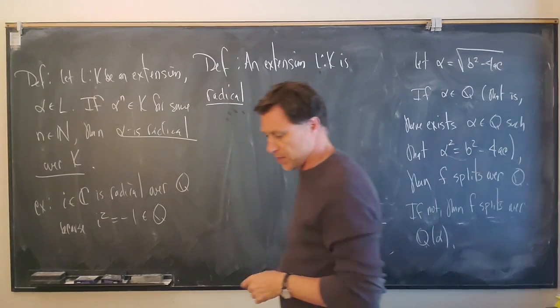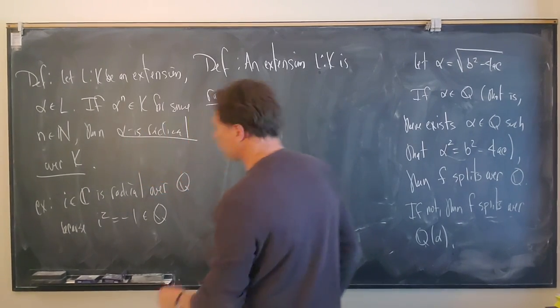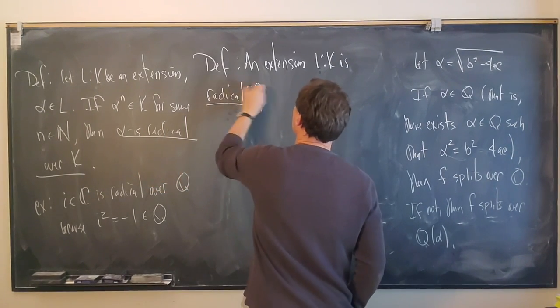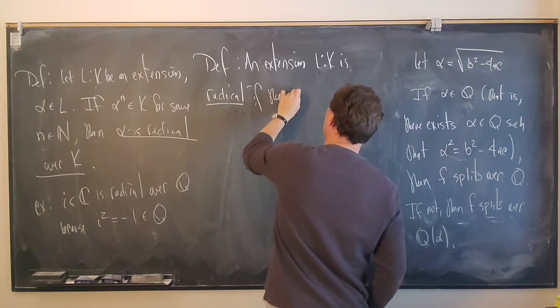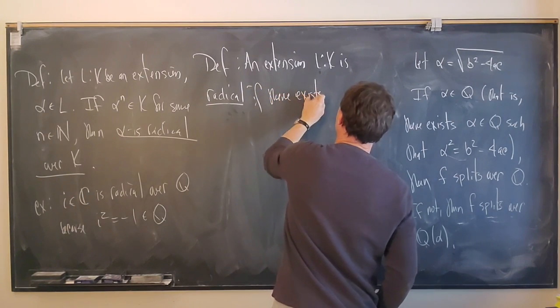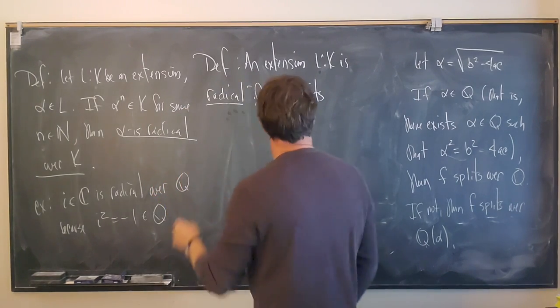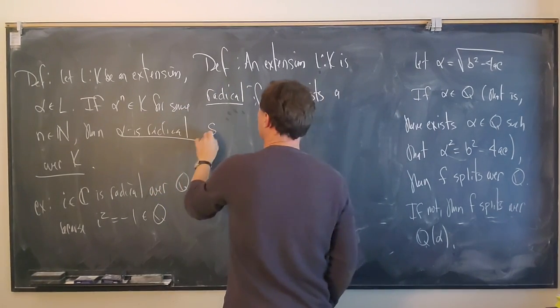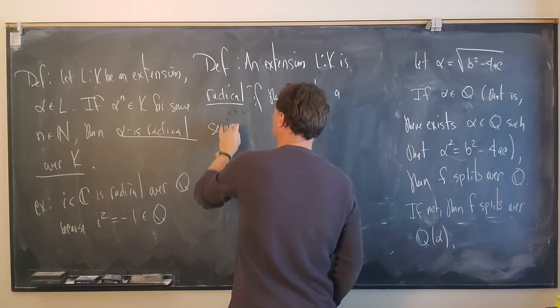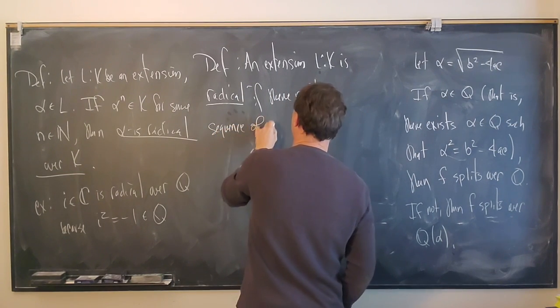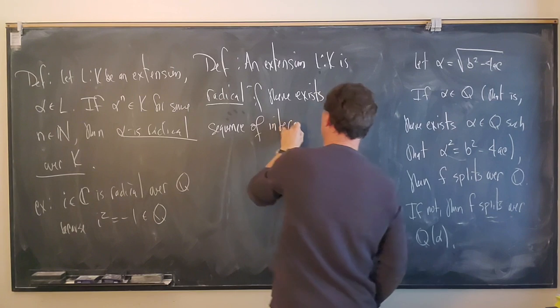Let me say this precisely. This is radical if there exists a sequence of intermediate fields.